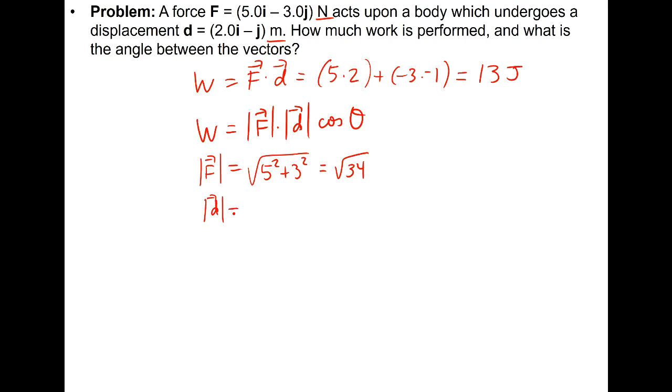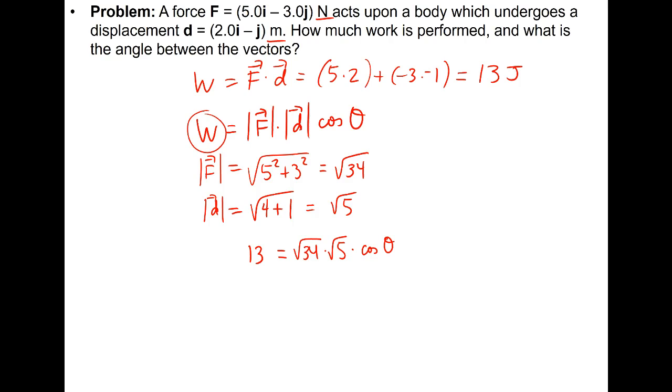The magnitude of D is going to be root 4 plus 1, so root 5, right? 2 squared and -1 squared. So that means that work, which was 13, is equal to the magnitude of F, so root 34, times the magnitude of D times the cosine of the angle between them.